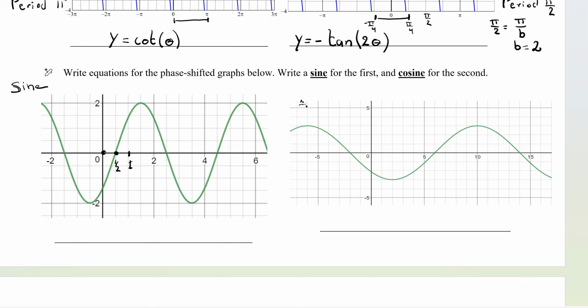Okay, so it looks like we have a phase shift by 1/2 to the right.